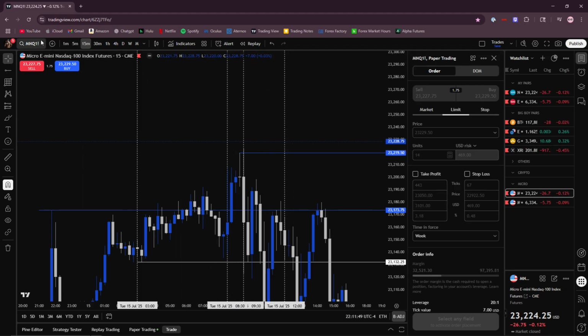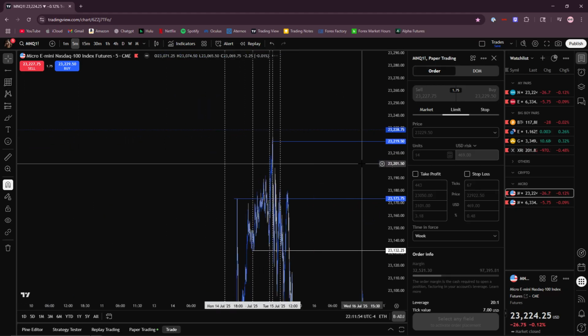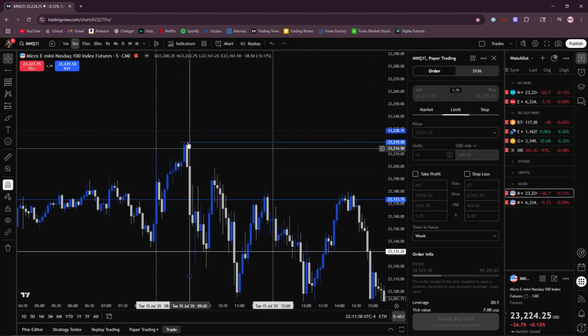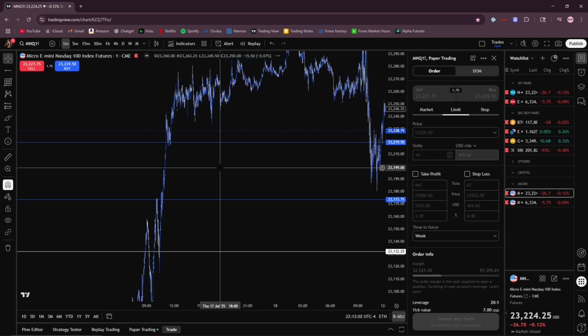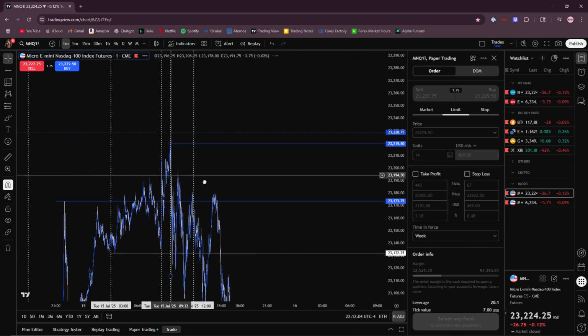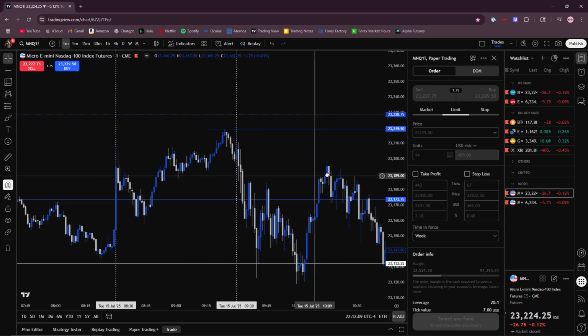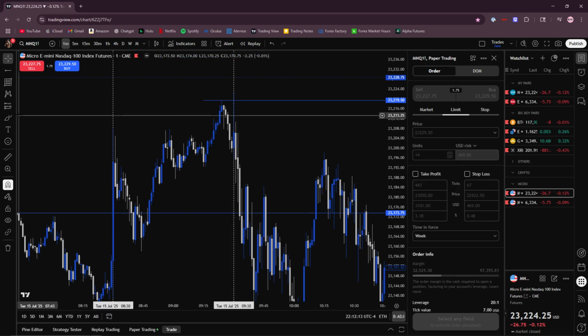was after price pushed up here. After price went up here and took out these 15-minute highs, I would have entered just purely off of a break of market structure, which is right here.